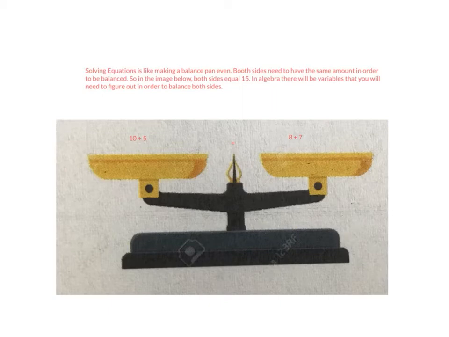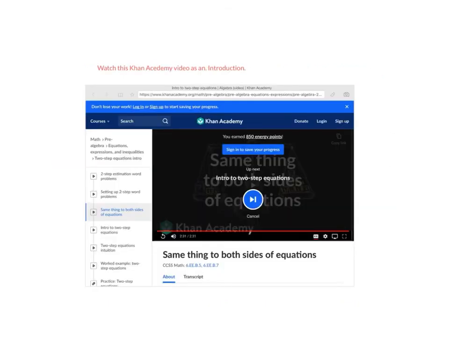Both sides have to have the same amount in order to be balanced. So in the image below, both sides equal 15. In algebra, there's going to be variables that you will need to figure out in order to balance both sides. So I'd like you to watch this Khan Academy video, and he explains the same concept with the balance pans.